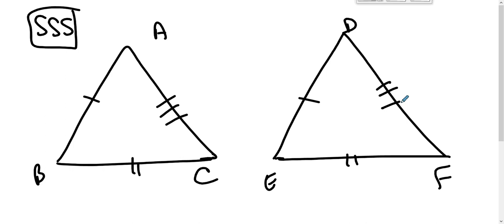I would hold off on side side side until after we get the hinge theorem in place. This proof is much easier after you get the hinge theorem in place. For now, it gets really weird because you have to consider a whole bunch of possible cases, and I would encourage you to read on that. But I think the proof with the hinge theorem is much cleaner.